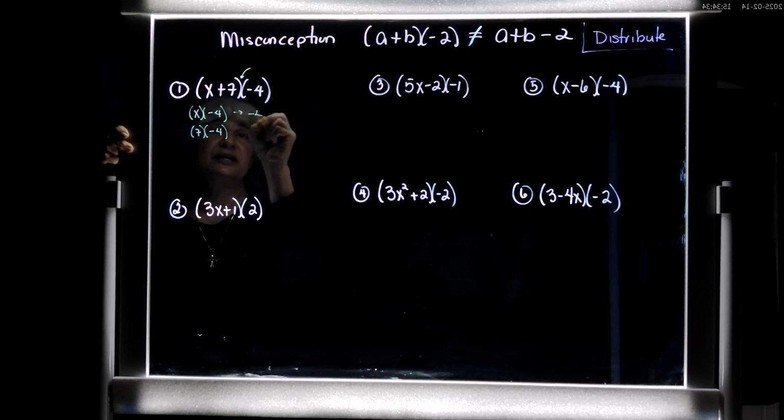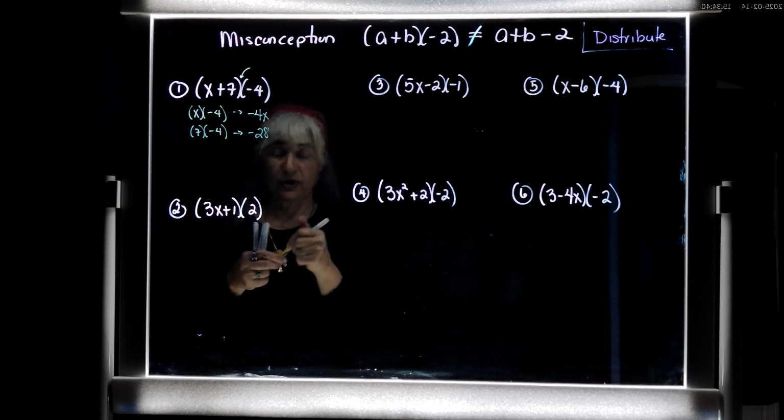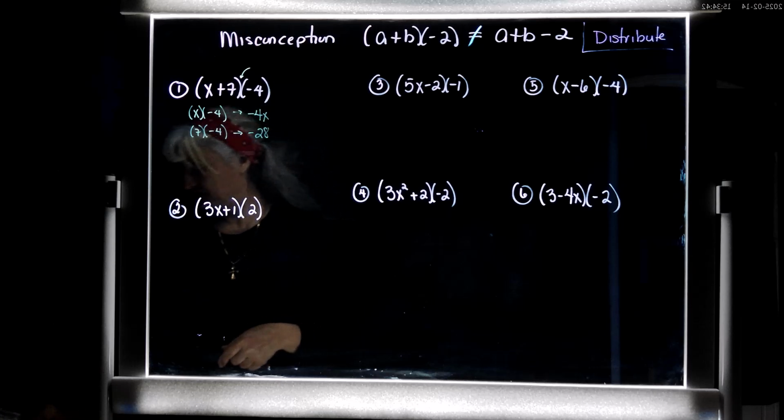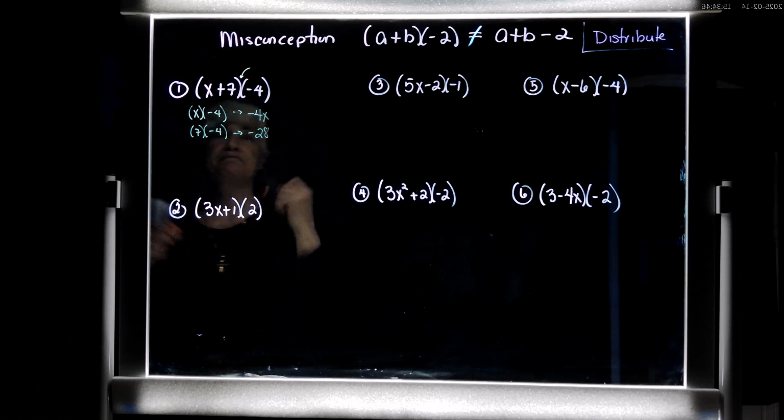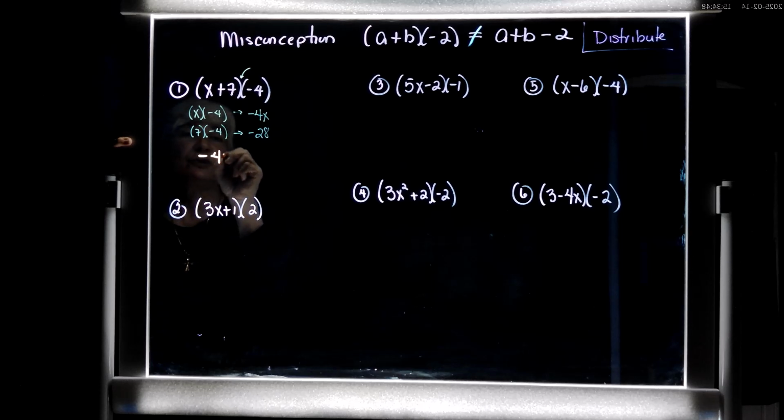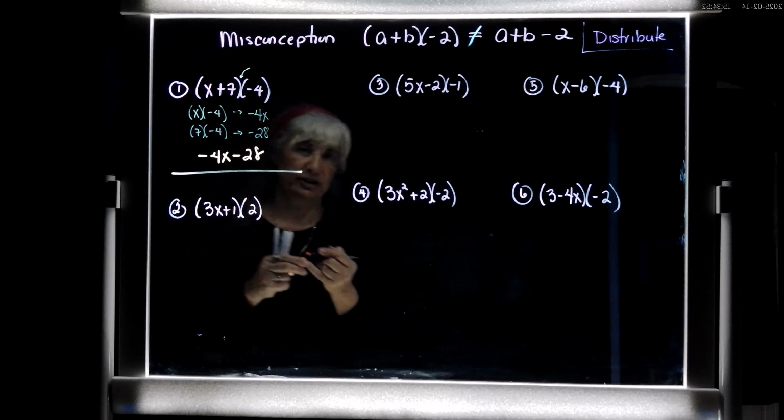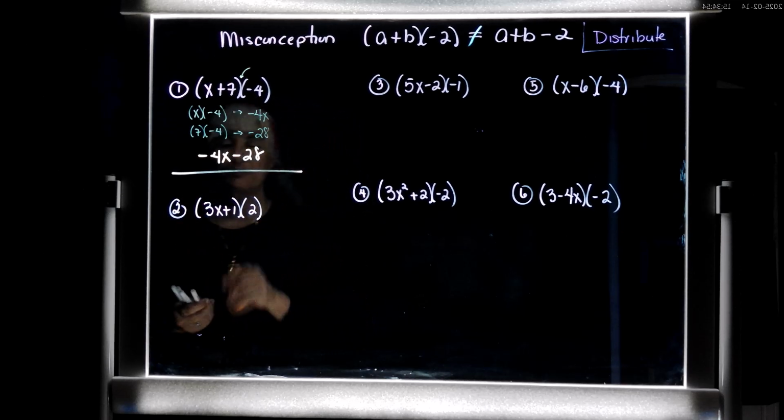So this gives me a -4x. This gives me a -28, which means your answer would be -4x minus 28.